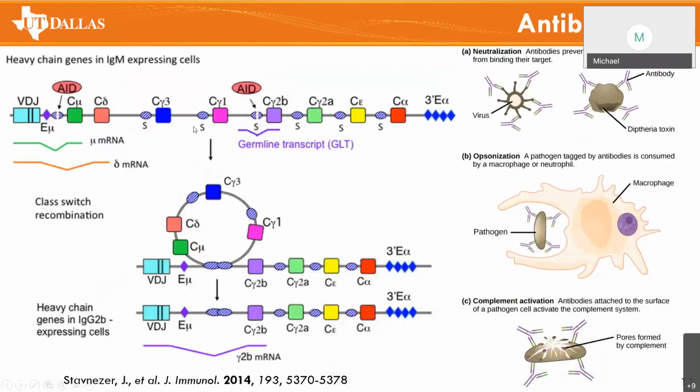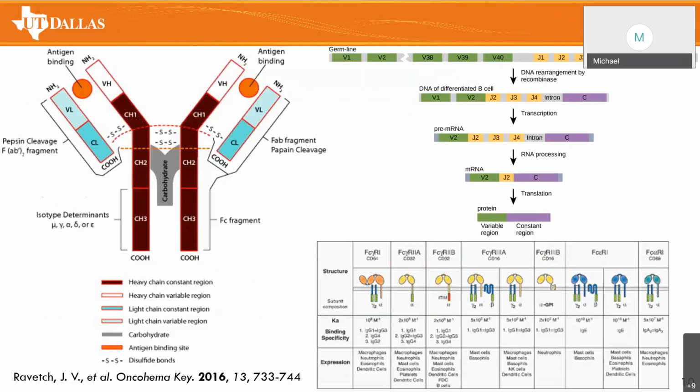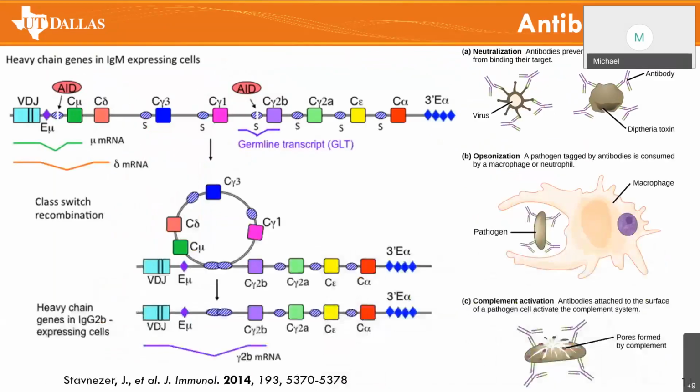I'm going to go further and now talk about class switching, which I forgot to mention here. Class switching is dependent on the Fc fragment. You have different types of antibodies: mu, gamma, alpha, delta, and epsilon. Again, like I said, they can bind to different Fc receptors and cause different activation of those immune cells. The way you change the antibody class is through an enzyme called AID.